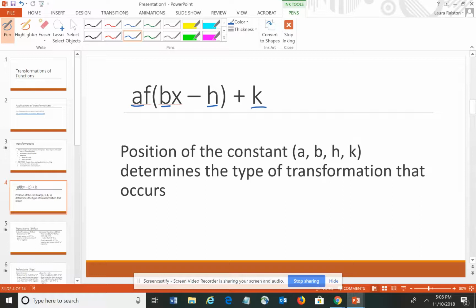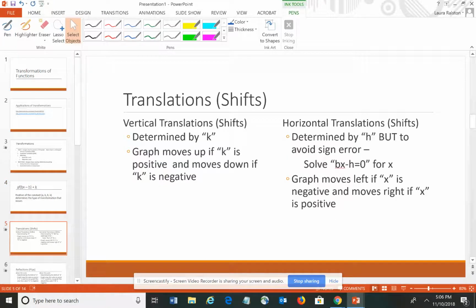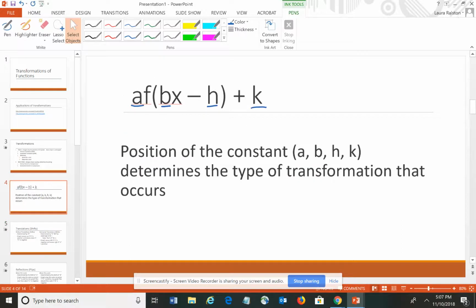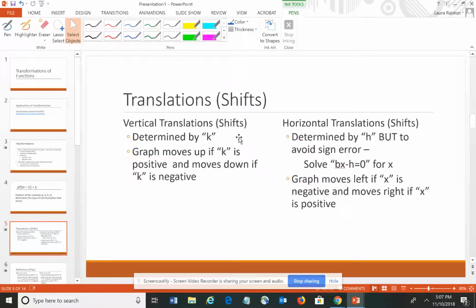So let's talk about each one of these letters. And we're actually going to start with k. It really doesn't matter where we start. So first, we're going to talk about the shifts that can occur vertically and horizontally. A vertical shift is determined by k, which, if you'll remember, in our overall function is a times the function of b times x minus h, plus k.